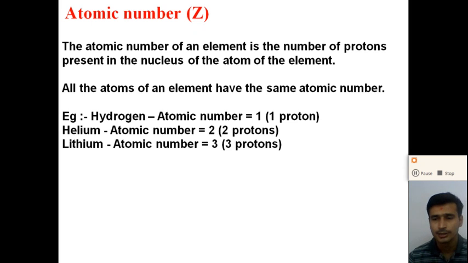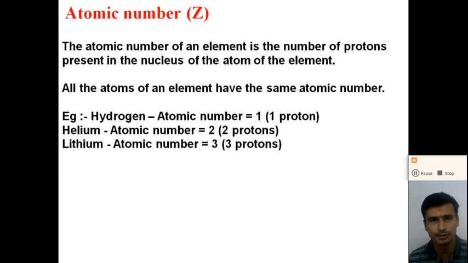Since the atom is electrically neutral, the number of protons and the number of electrons are the same, and both can be represented by the atomic number, right?